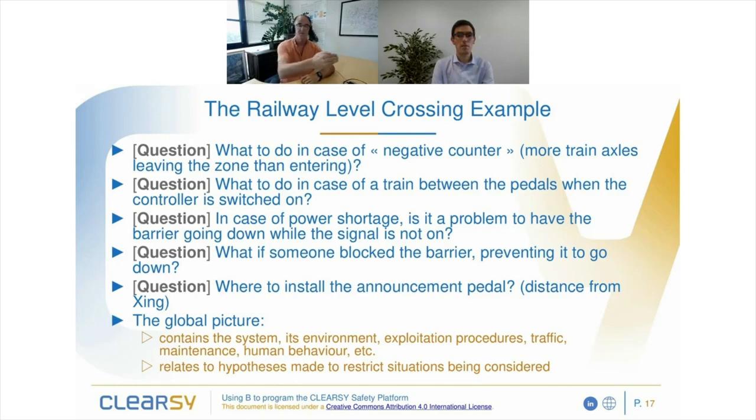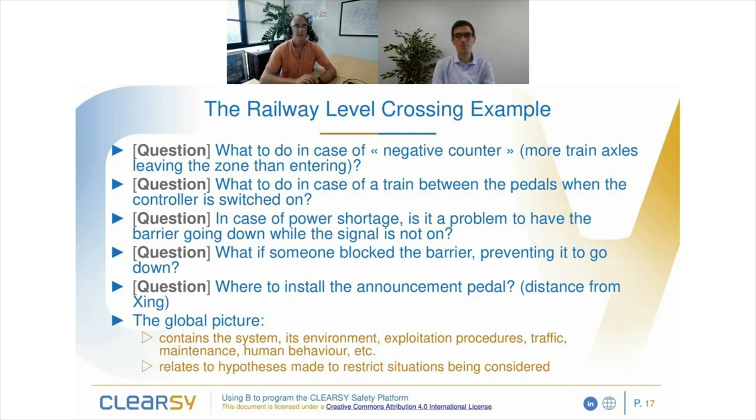You can have trains going in the other direction. You can have faulty sensors. You can have a lot of possibilities, or you can switch on your system while there is a train in the middle, and so you get a negative counter. What to do in case of a train? Yeah, this is the situation: you have a train between the pedals when the controller is switched on.